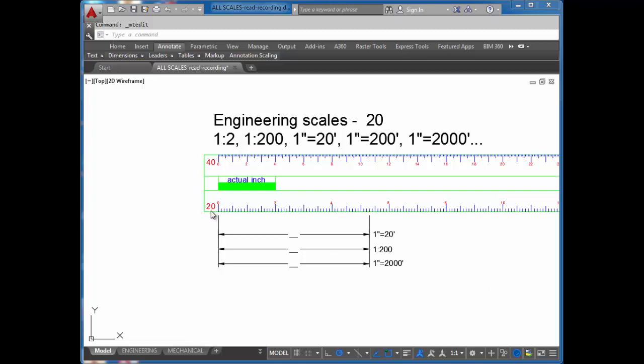This is the 20 scale for engineering scales, and the types of scales that we would use this particular scale for would be 1 to 20, 1 to 200, 1 inch equals 20 feet. Notice that every one of these scales have in common that there's a 2 in the second number, or the right hand number, as the scale is read.